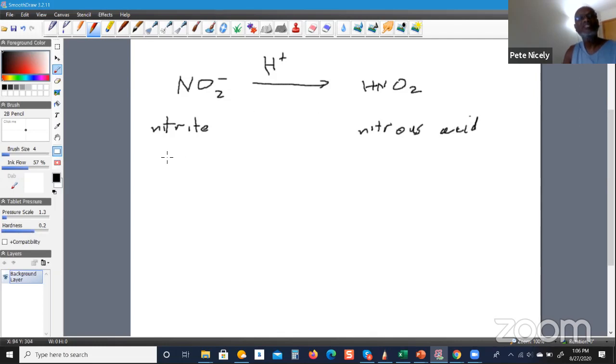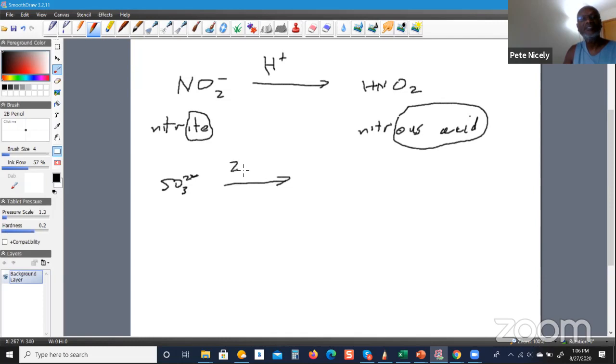Please note how the name changed. Basically, to get from NO2 minus to HNO2, the ITE ending is replaced with OUS acid. So ite becomes ous acid. Nitrite becomes nitrous acid. Here's another example. SO3 2 minus. In this case, we needed to add 2 hydrogen ions because there are 2 negative charges on the sulfite ion.